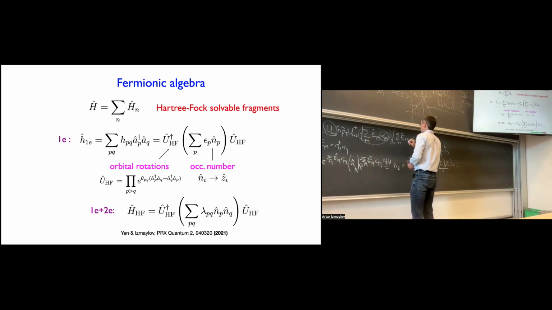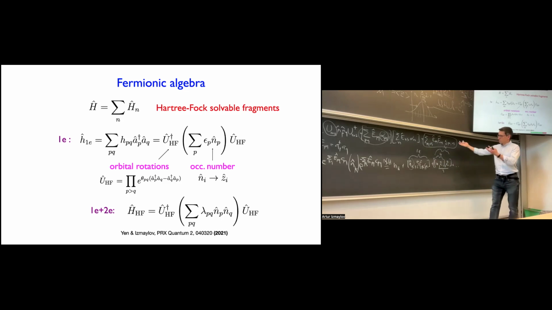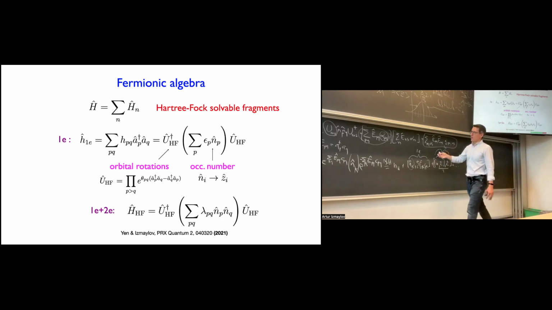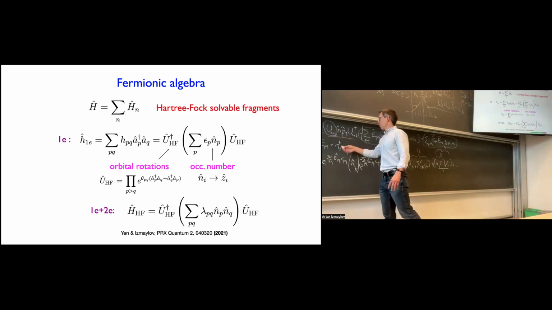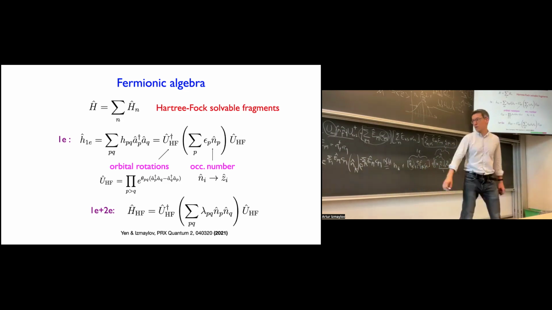And if I write this down as now a double sum over pq, rs with E_pq E_rs and then some coefficients g_pqrs, and give you this, you won't be able to tell just by inspection that this came actually from something as simple as occupation numbers transformed using just single orbital rotations.